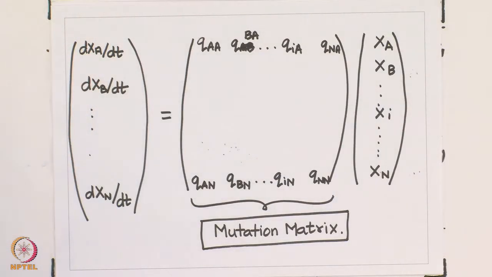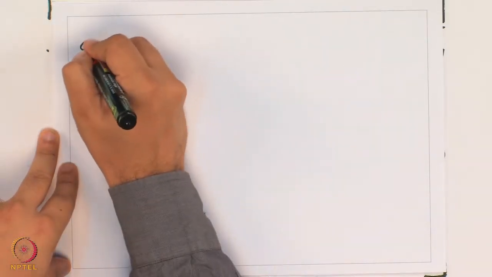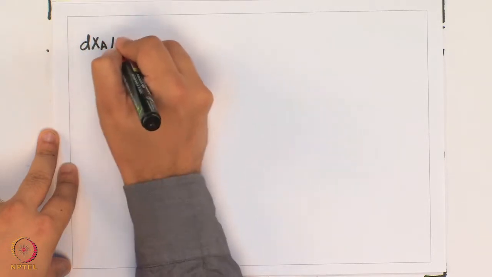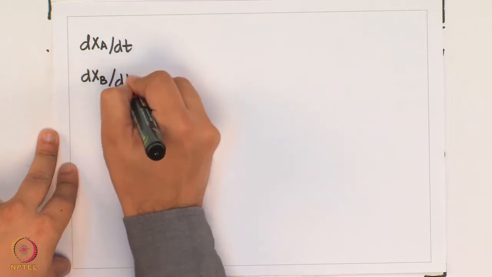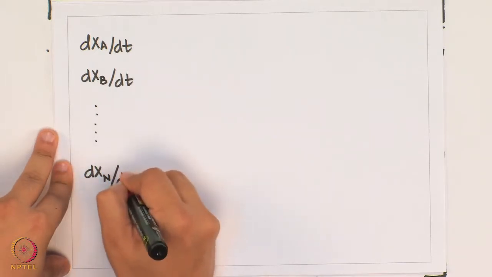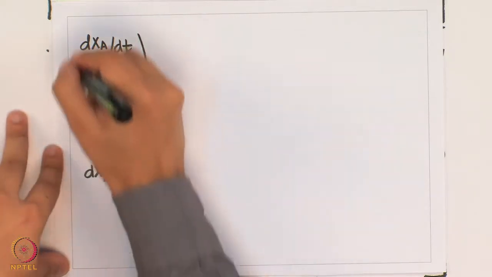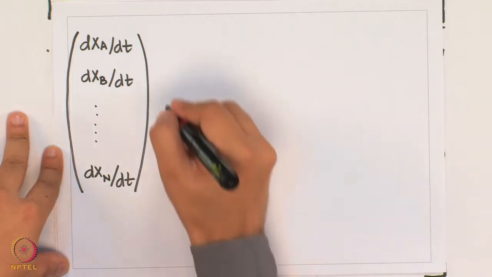Right? So the complete equation, which enforces that the total number of individuals gets constrained to k, so the total number of individuals belonging to each genotype when added together does not exceed k, has to be taken into account. That leads me to my final equation: dxa by dt, dxb by dt, dxn by dt is my left hand side, which represents the rate of change of frequencies of all n genotypes associated with the environment.